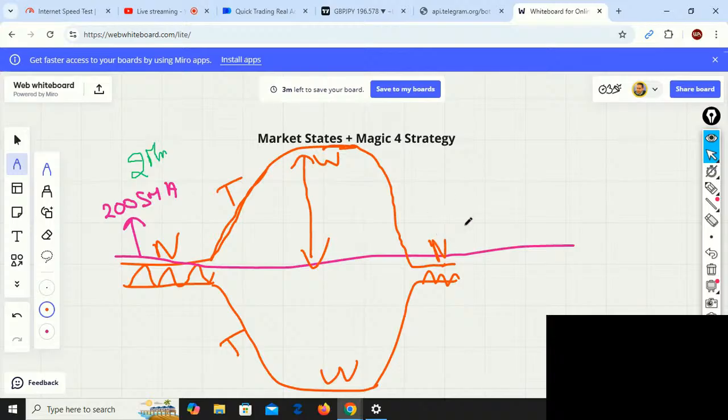Now, most people confuse this, especially new traders, they fall into this trap. They think, oh, it isn't moving in a cycle. Yes, it is.